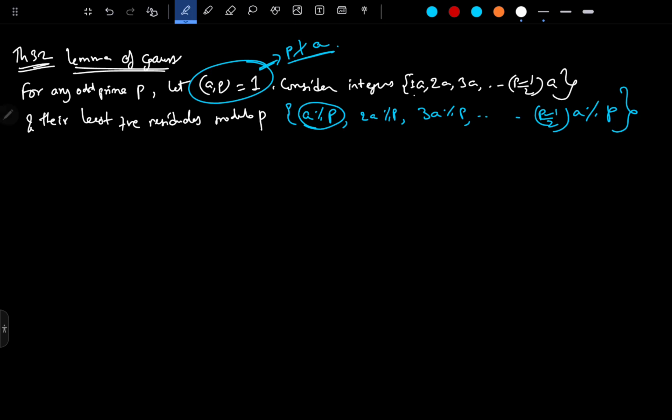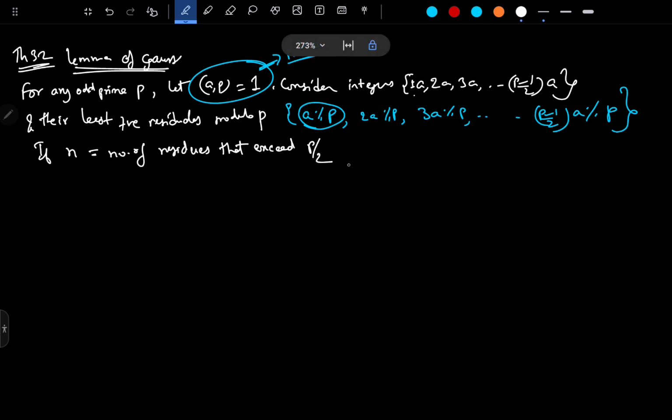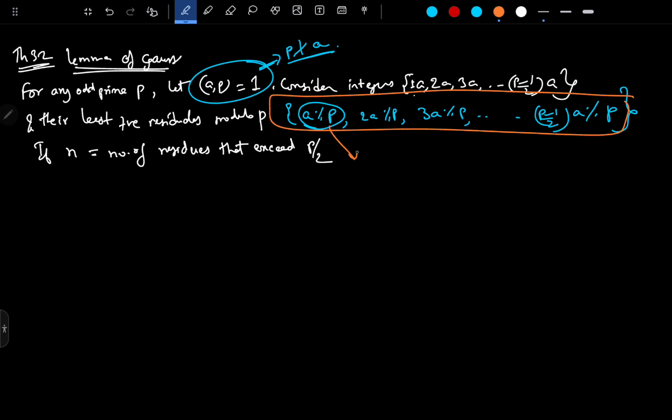Now I'm writing the theorem. Here comes the actual thing. Let n denote the number of residues that exceed p by 2. Number of residues means in this set, each and every value lies between 0 and p minus 1.